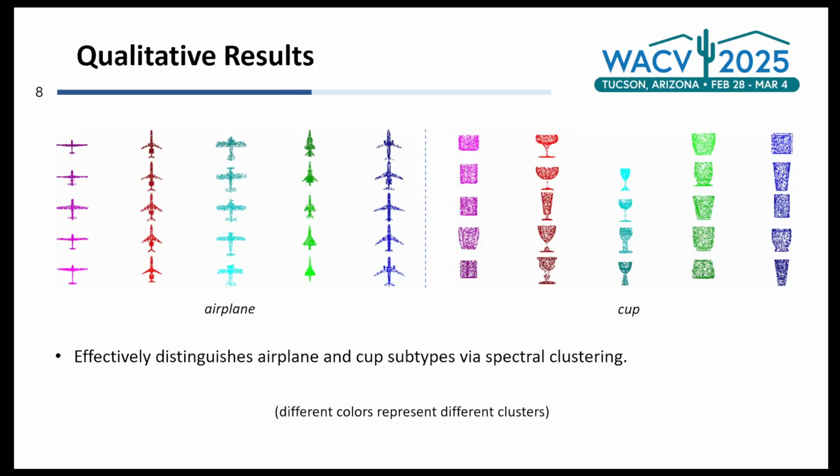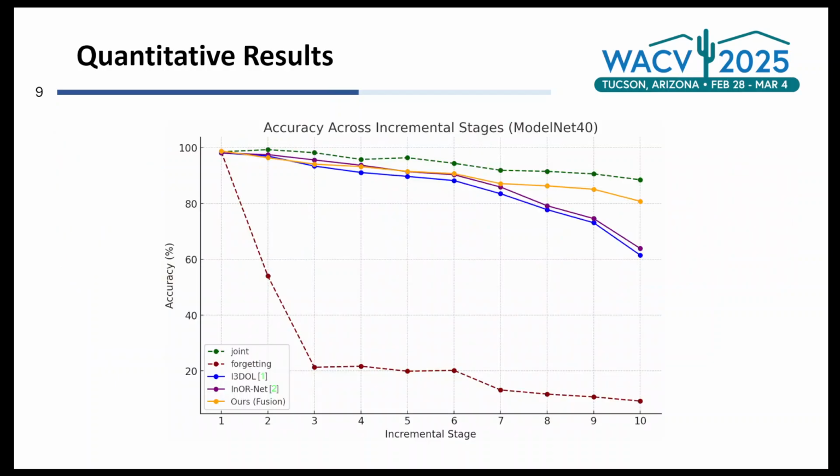Here are the results of applying spectral clustering in our model. As you can see, our model effectively groups similar subtypes together. We also conducted our experiments on 3 datasets, ModelNet40, ShapeNet, and ScanNet. Here we're showing the results on ModelNet.